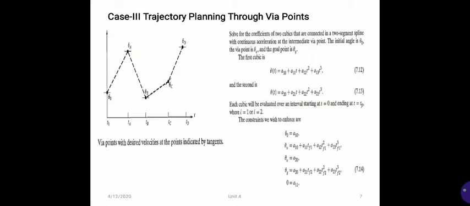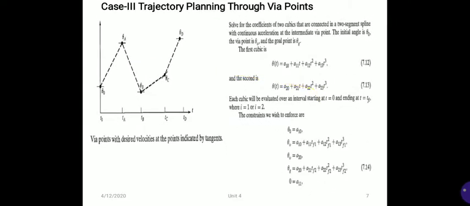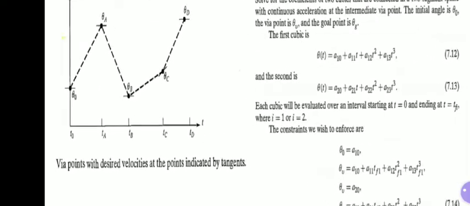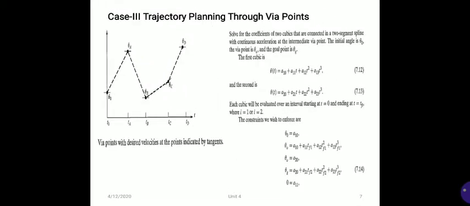For a path like this, we can say through a via point. So here the via point terminology is discussed. In the via point terminology, instead of considering only the initial and final points, we consider intermediate points like theta A, theta B, theta C and theta D. With these points, we can determine the trajectory.